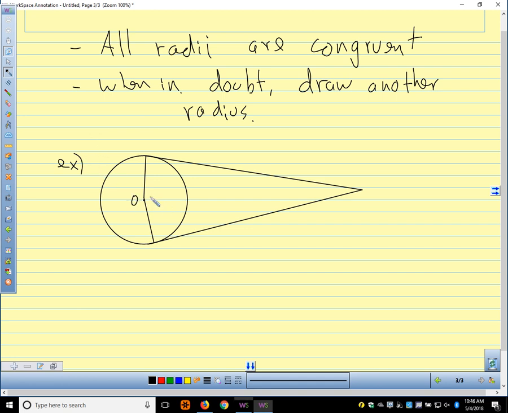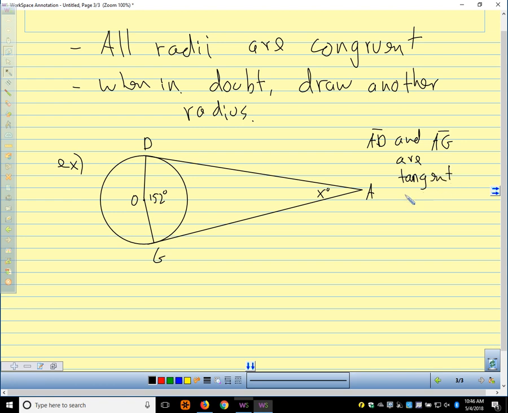And I'm going to say this angle is 152 degrees, and these are points D, G, and A, and this is x degrees. And I'm going to say that AD and AG are tangent to circle O. Find x.